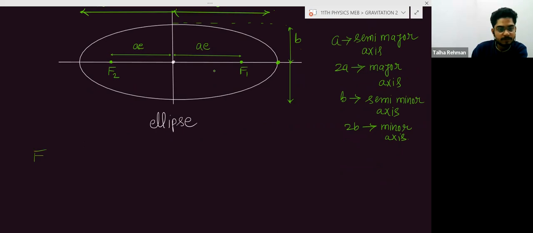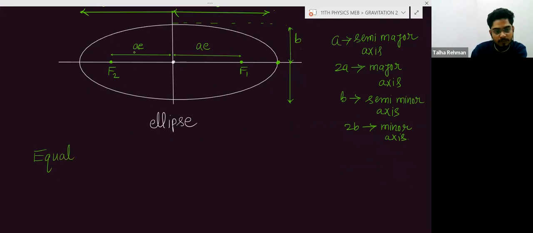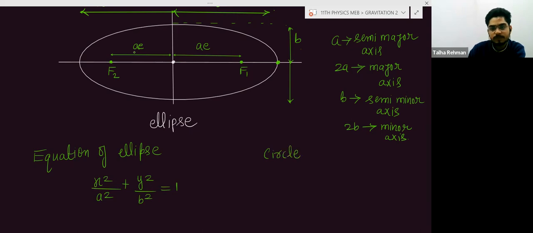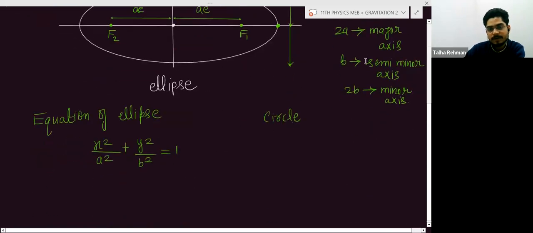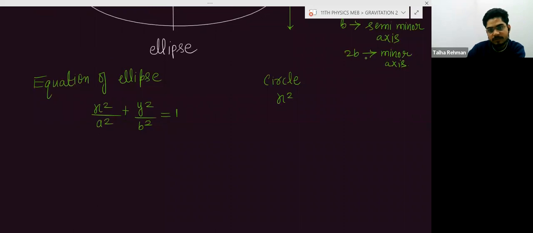The equation of the ellipse is x square divided by a square plus y square divided by b square is equal to 1. And for a circle, you can write the equation of the circle as x square plus y square is equal to r square.